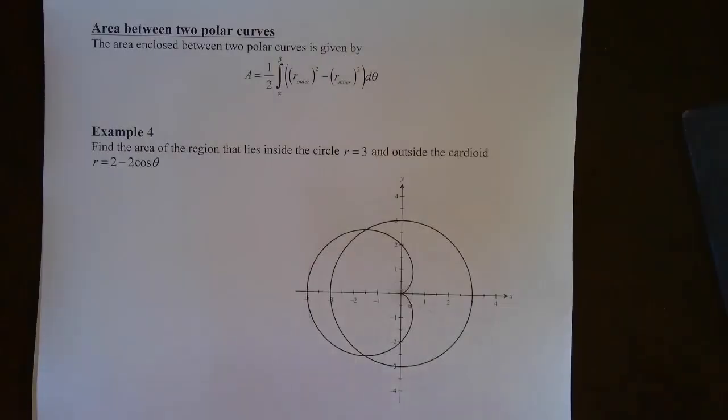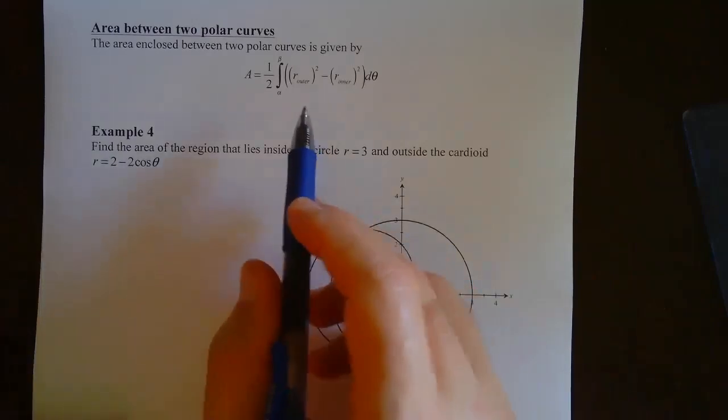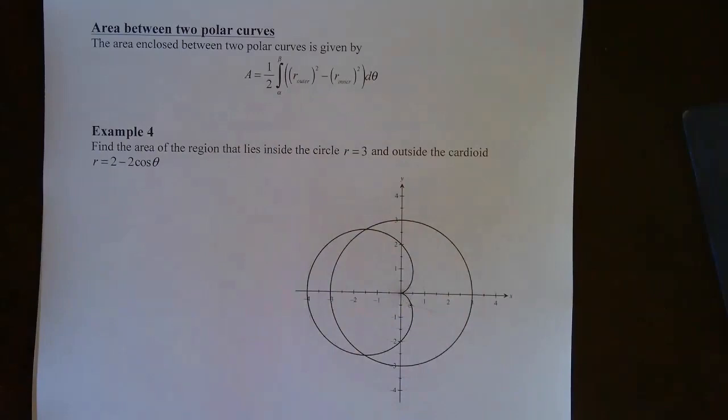Now we're going to get into area between two polar curves. If we take the outer sector and minus the inner sector, then what we'd be left with is the region between two polar curves.